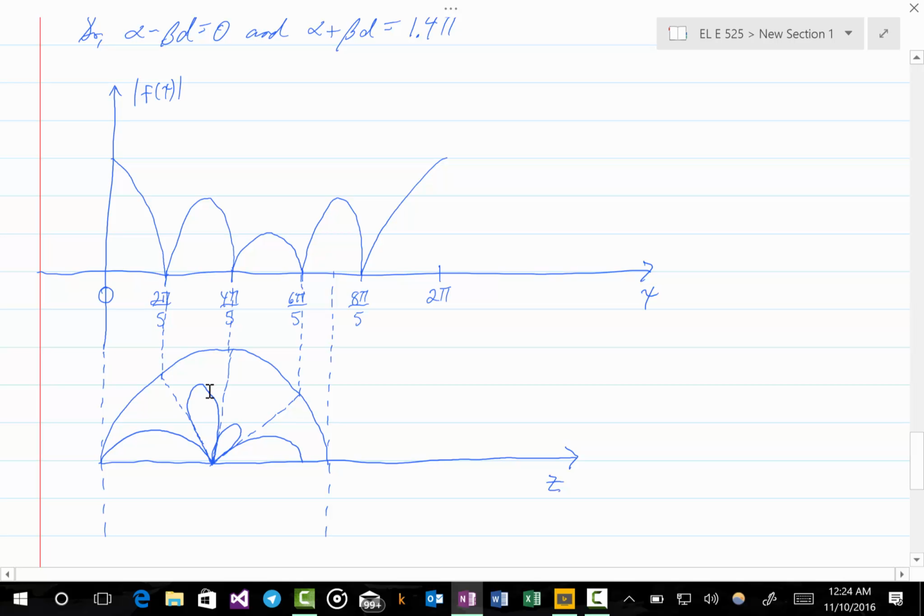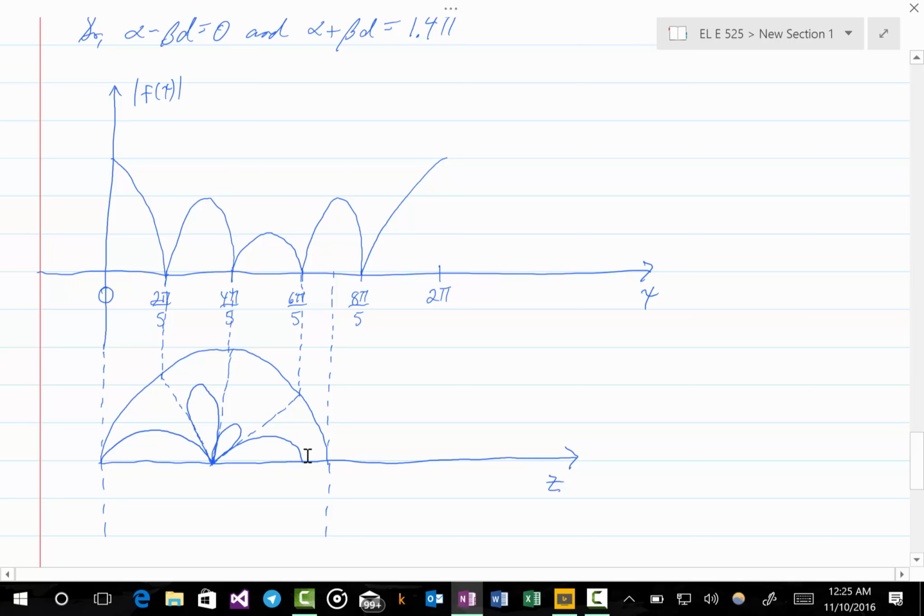We're ready to fill in the lobes with the correct magnitudes. This first lobe goes all the way out to 1, since the magnitude here is 1. This one is somewhat smaller than 1, and this is smaller still.